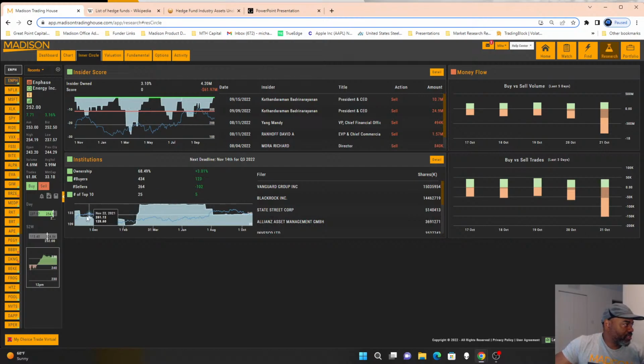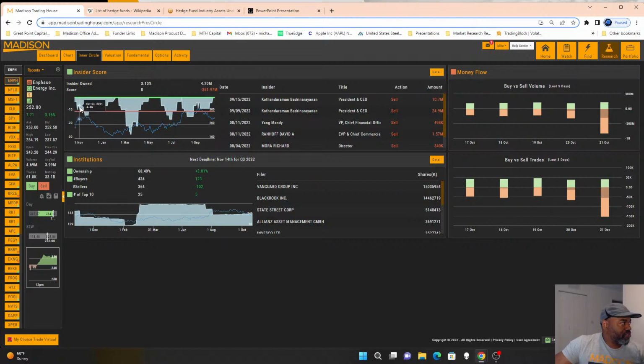Now, when we look at Enphase, this graphic down here is showing the activity of institutions. This one is showing the activity of insiders. Here's something that I want to point out, and this is something that you might want to write down. Here's one of the bigger things that I mentioned today.